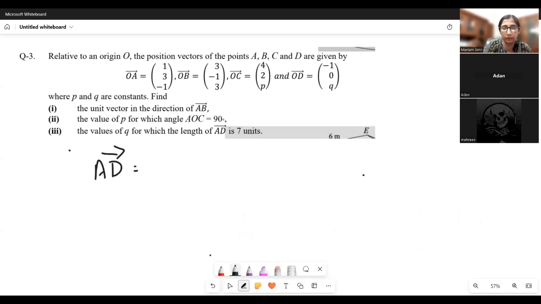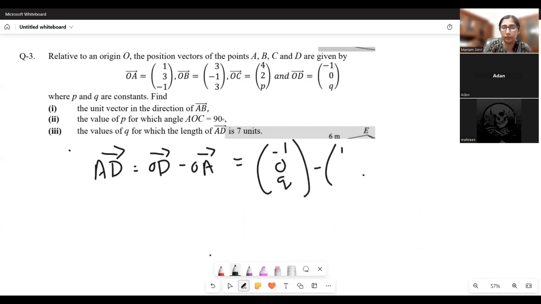It has a variable in it, OD minus OA. So that is minus 1, 0, Q minus 1, 3 minus 1, which is minus 2, minus 3, Q plus 1.